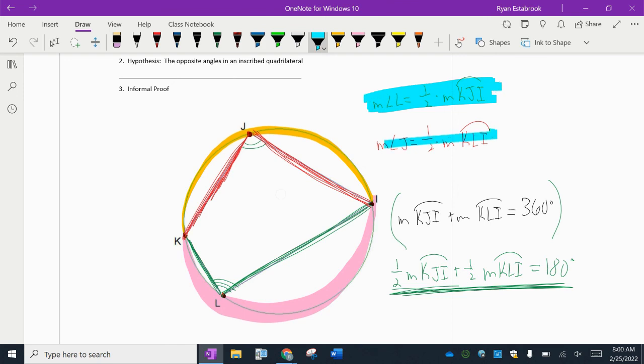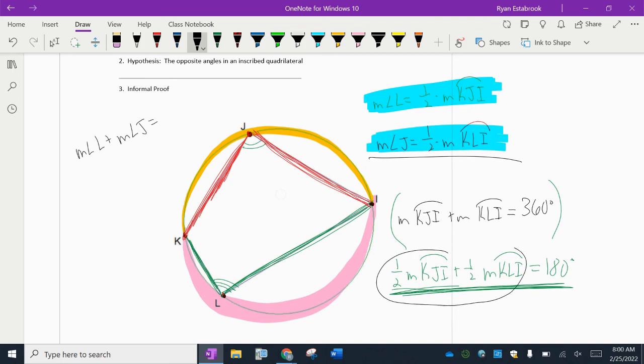It goes back up to this earlier connection. If we add these two blue equations together, on the left side, we would get the measure of angle L plus the measure of angle J. And if we add the right sides together, we get 1/2 KJI plus 1/2 KLI, which is the same thing that we have down here, which is equal to 180.